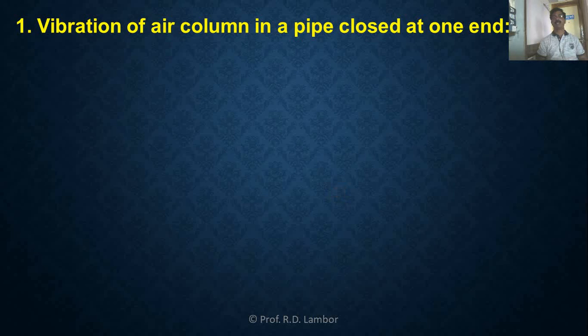So in the previous lecture we studied organ pipe and its types. There are two types of organ pipes. An organ pipe or tube is a device which encloses air column. And we come to know that there are two types of air columns: an air column in a pipe closed at one end, and second is the air column in a pipe open at both ends.